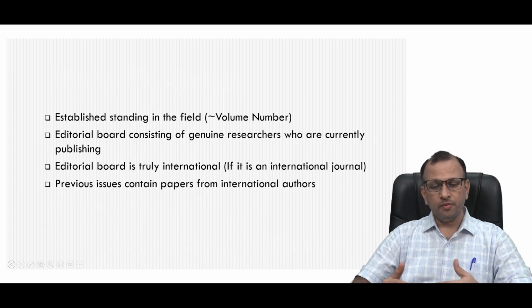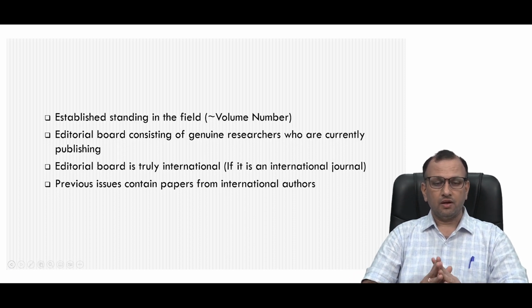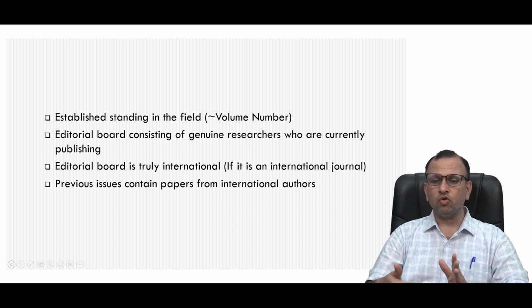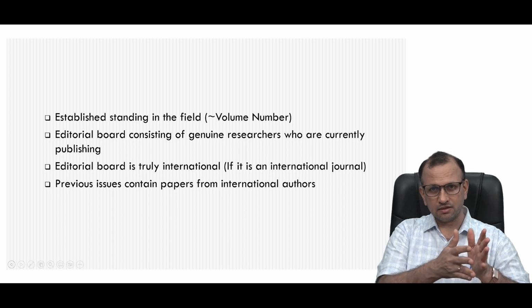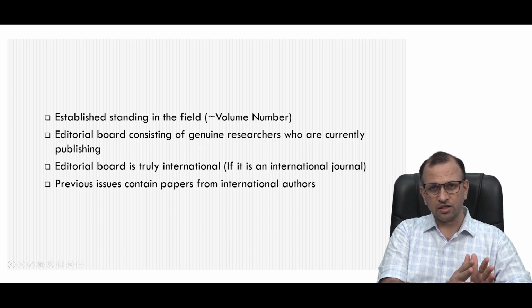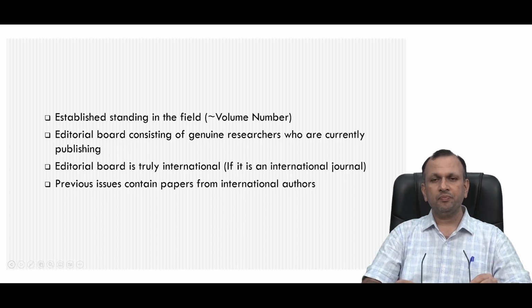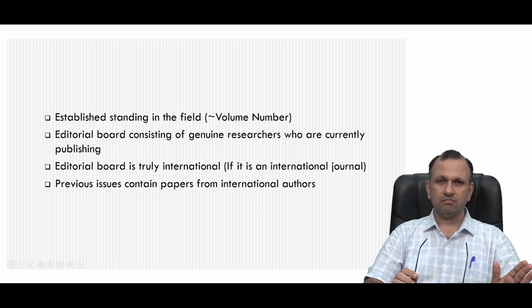Next, you may further go into the details of the journal. For example, if a journal has a higher volume number, it indicates that it has been in existence for a long duration. Usually, most of the time, the volume number indicates the years of existence of that journal.